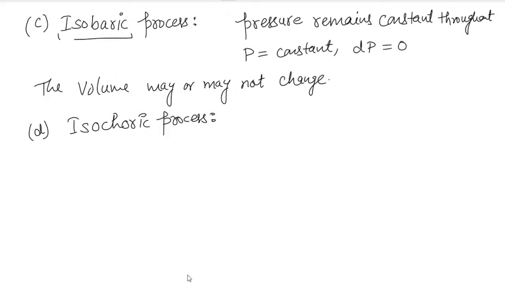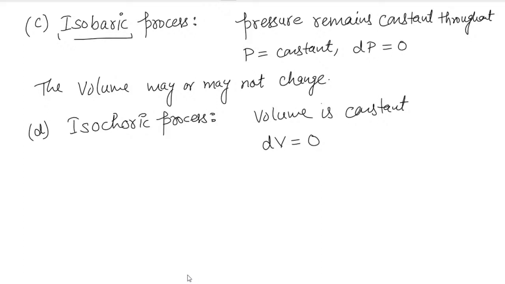Quickly. Isochoric. So in isochoric, volume is constant. That means V is constant and dV is 0. Pressure may or may not change.